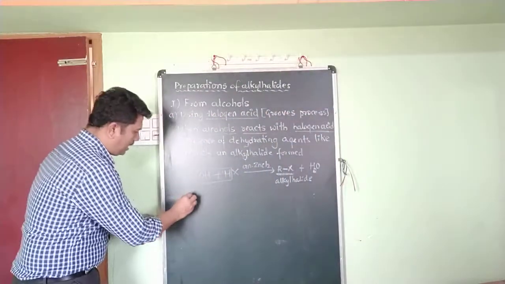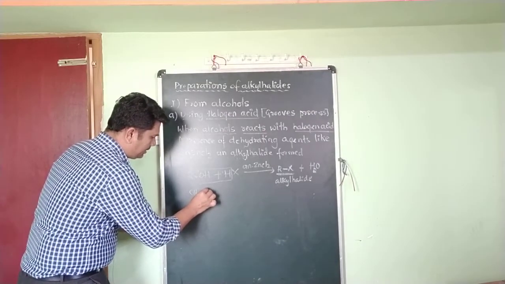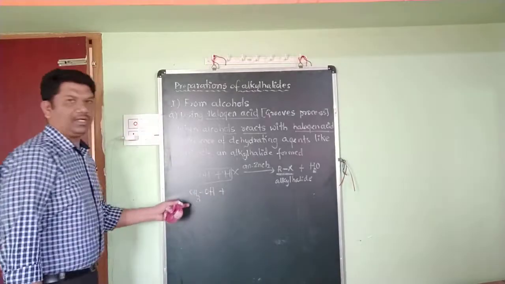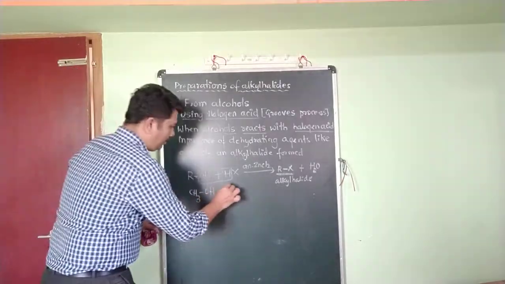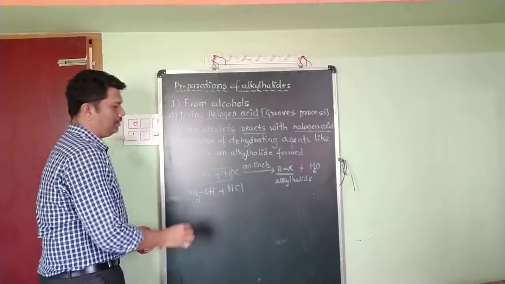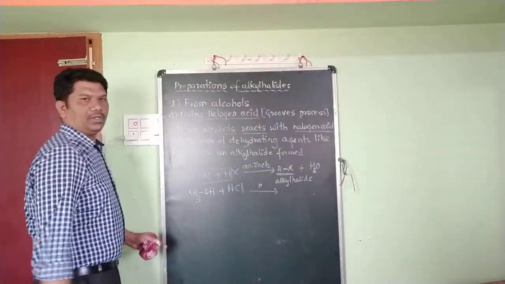In place of R, you put one alkyl group. I'll write CH3OH. This is an alcohol called methyl alcohol. You take one halogen acid, I'll take HCl, in presence of anhydrous zinc chloride.